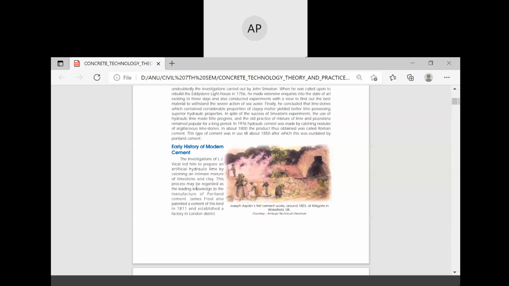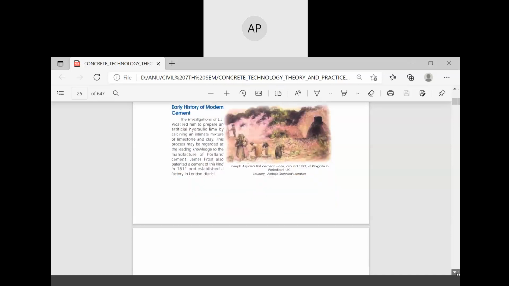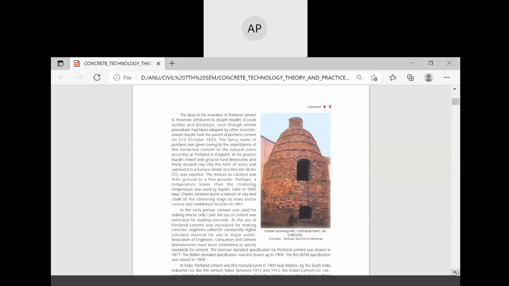This process may be regarded as the leading knowledge to the manufacture of Portland cement. James Frost also patented a cement of this kind in 1811 and established a factory in the London district. These are the oldest surviving kilns, northern Kent, UK. Okay, where cement was manufactured first.